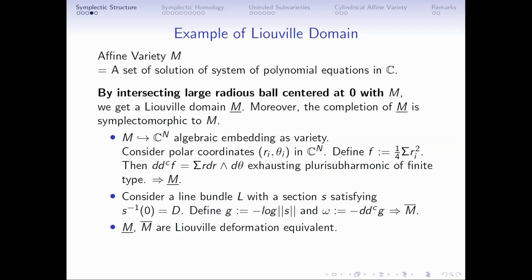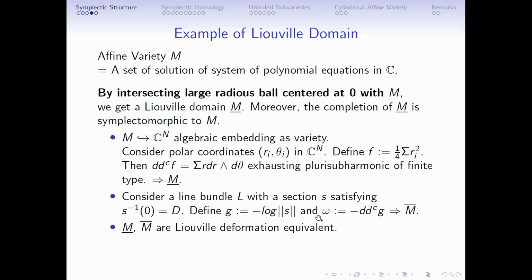The function f gives us the Liouville domain structure. Or we consider the affine variety as a complement: consider a projective variety first, and the complement of a smooth ample divisor. For the divisor, we consider a line bundle with the section whose zero locus corresponds to that divisor. Consider a norm on the line bundle, take the norm of the section, and minus log of that norm gives us a function g, which is actually a plurisubharmonic function.